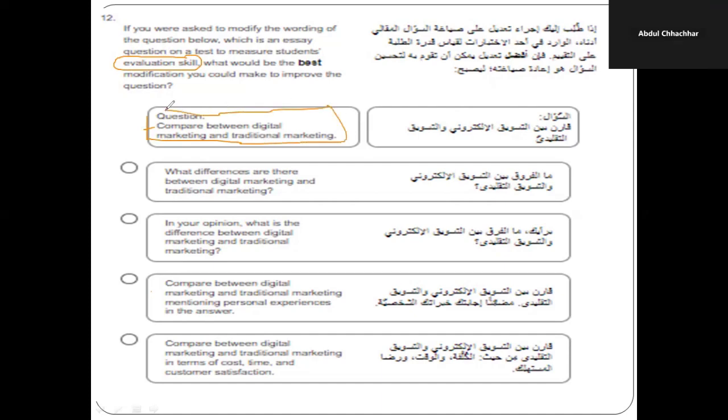Which level is this? Compare. Compare comes at which level? Yes, Mr. Tejal. Ms. Tejal has given option B. Compare is which level of the cognitive ability?